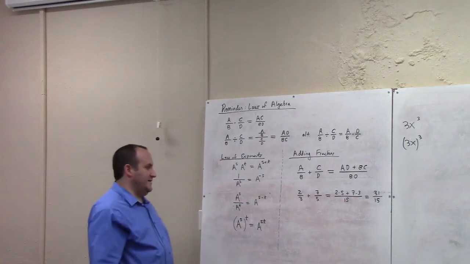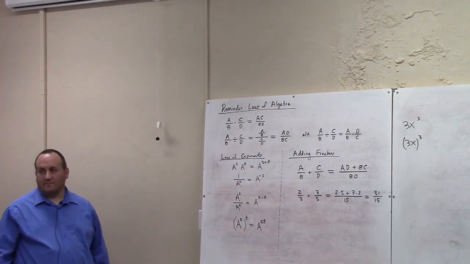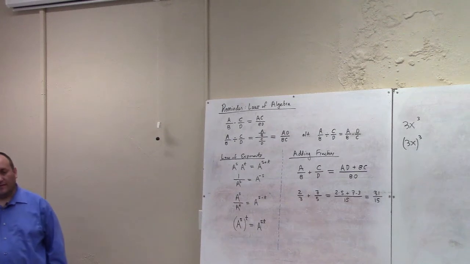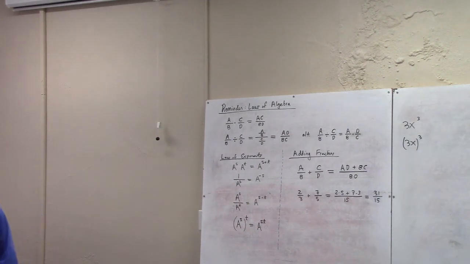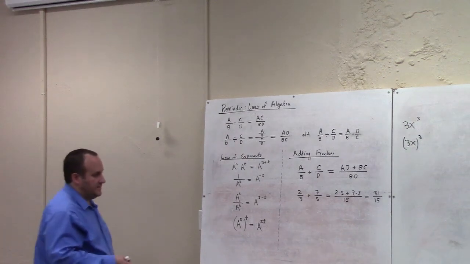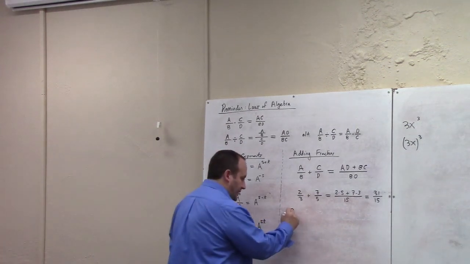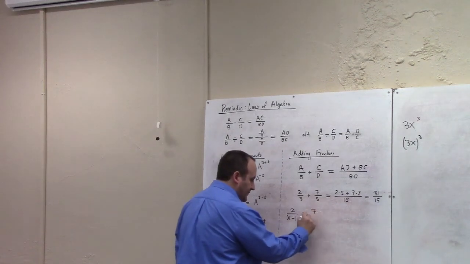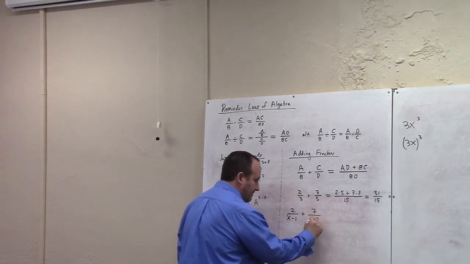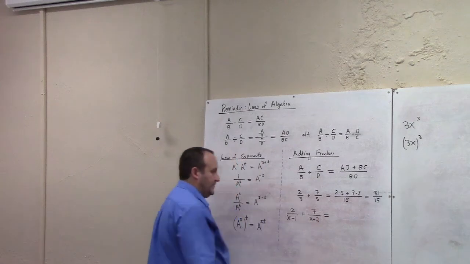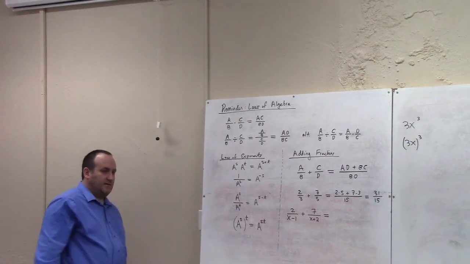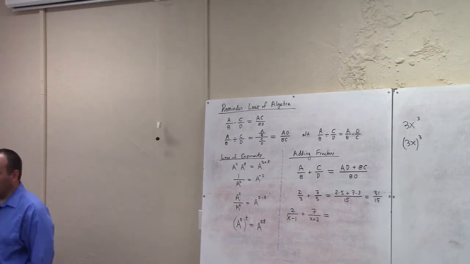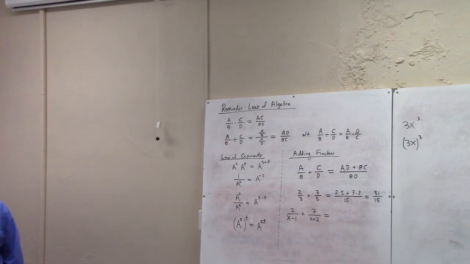You're like, well, I could figure that out on my calculator. Granted, but we're also going to do this with polynomials, all right? Like we're going to look at stuff like 2 over x minus 1 plus 7 over x plus 2. And the way we add those is the same that we add the numbers above, right? We use this cross multiplication trick to add those.